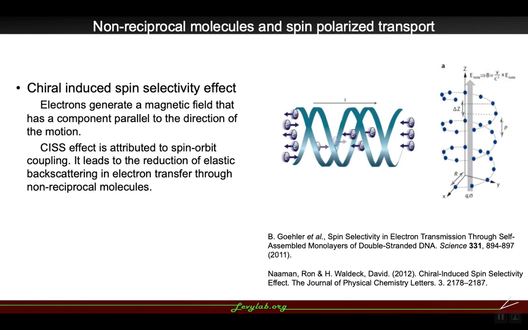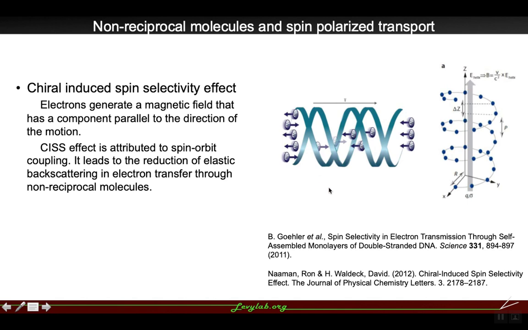Before talking about the non-reciprocal modulation, let's talk about a theory called the chirality-induced spin selectivity effect. This effect describes electrons generating a magnetic field that is parallel to the direction of motion, because they are moving along a non-reciprocal path.